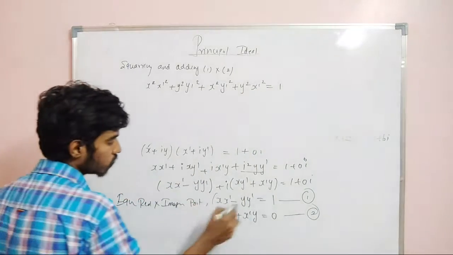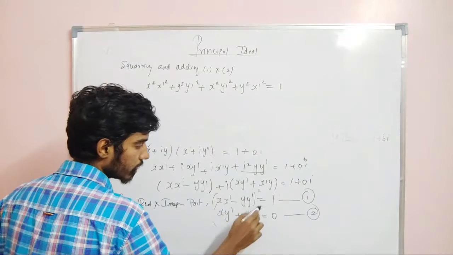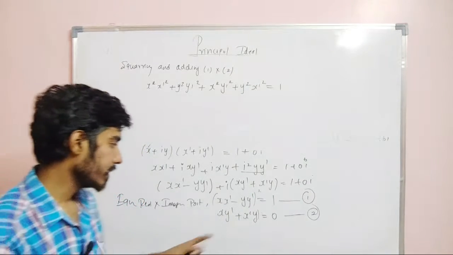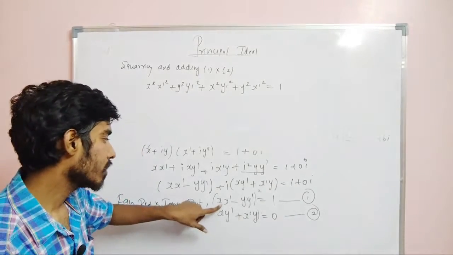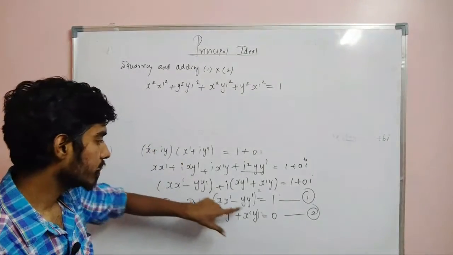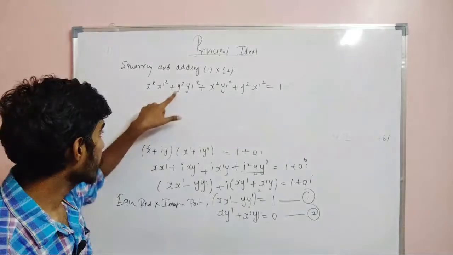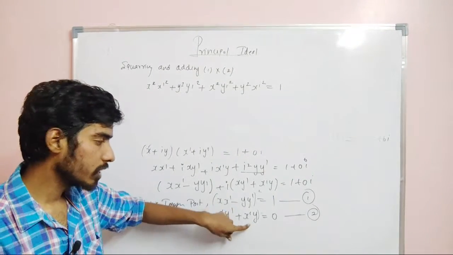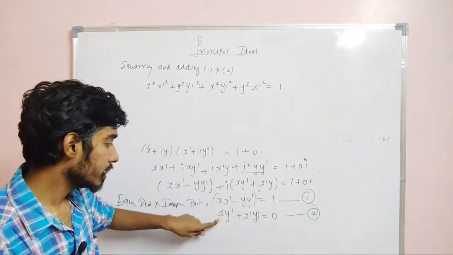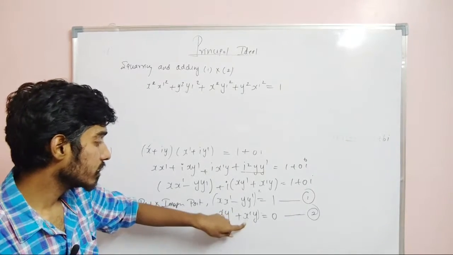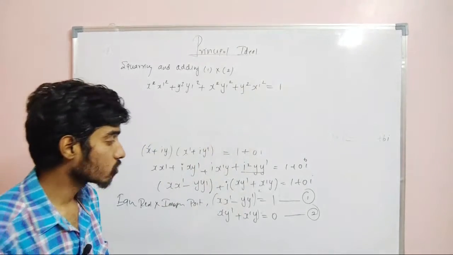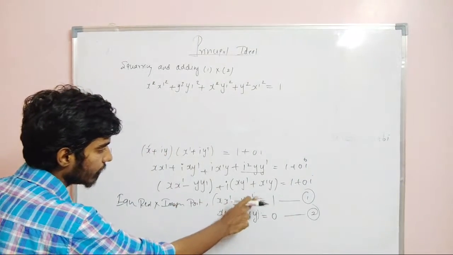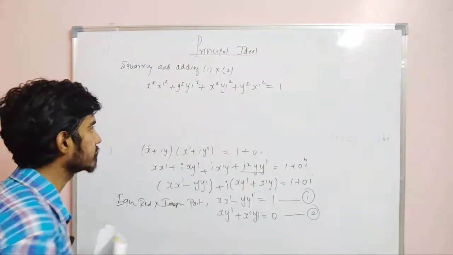Squaring both sides, this will be a whole square and this will be a whole square. Applying the a plus b whole square and a minus b whole square formulas, a square is x square x' square, plus b square, y square y' square, and here we have minus 2ab and plus 2ab, which will get cancelled. So here we will have x square y' square and x' square y square. Squaring and adding, you will get this result.